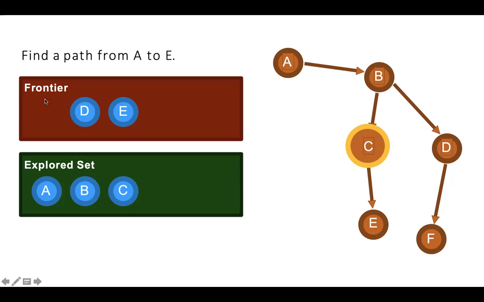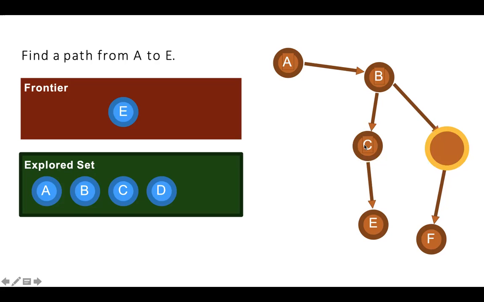So when we move from the frontier to the explored set, we take out from the top. But when we have to push or enqueue data into the structure, we do it from the tail, which is a first in, first out format.